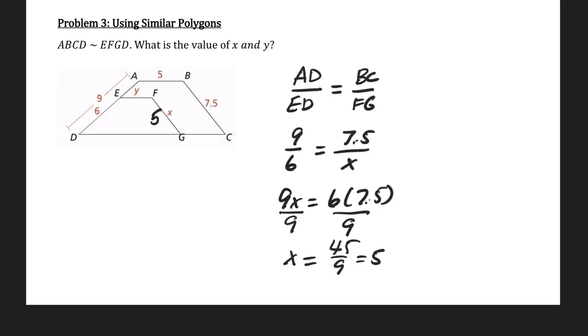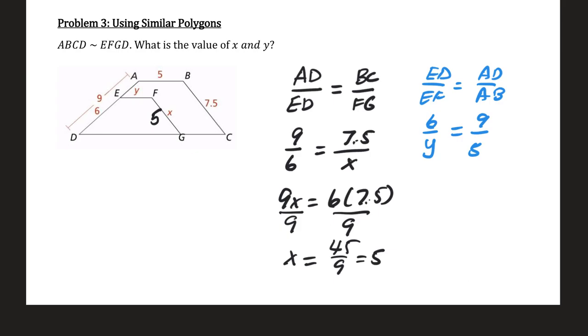The next one you have ED is to EF as AD is to AB. So ED is 6, EF is Y, AD is 9, and AB is 5.